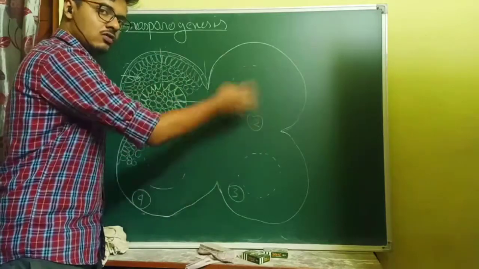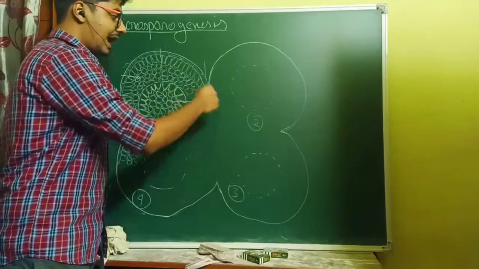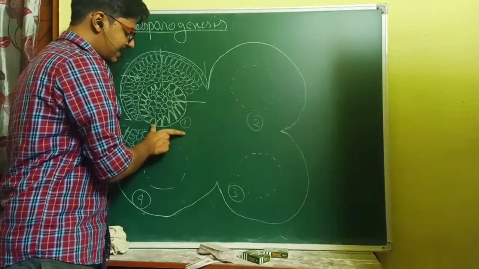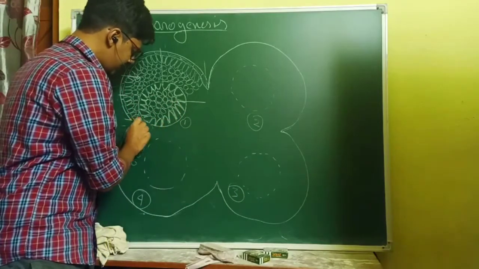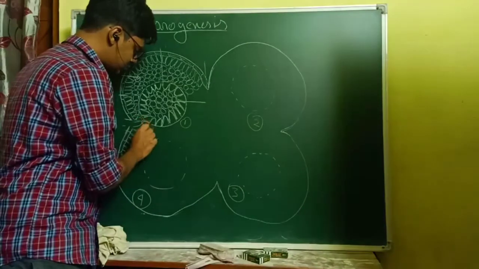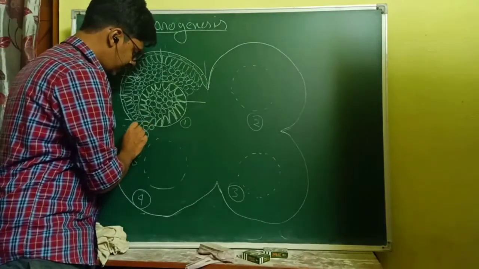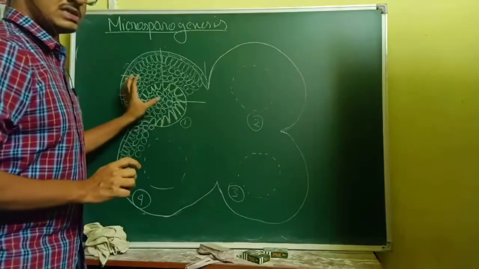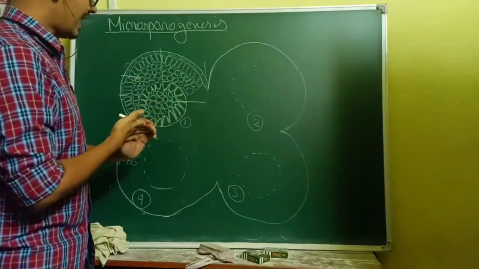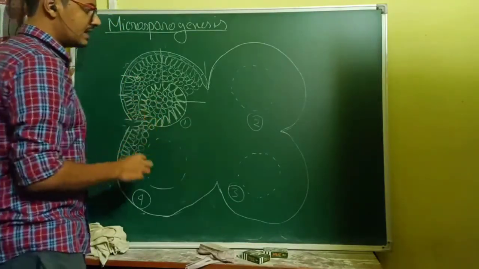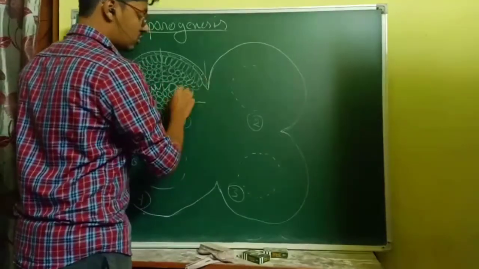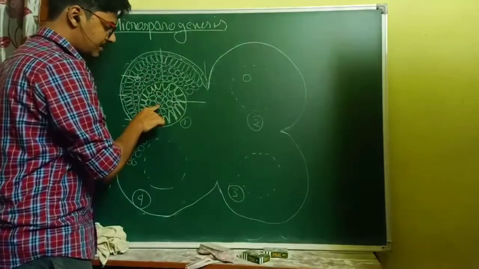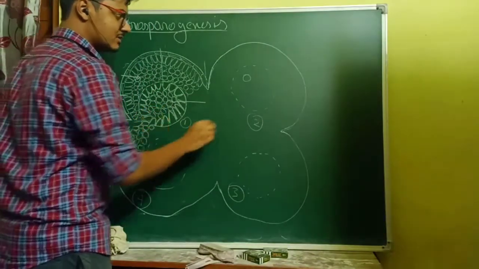Changes are taking place all over the anther, but I am explaining by mentioning one microsporangium, so that I don't have to draw and remove again and again. Okay, I hope you understand. So now what happens? I will not draw tapetum again. Our only focus will be on these sporogenous cells.